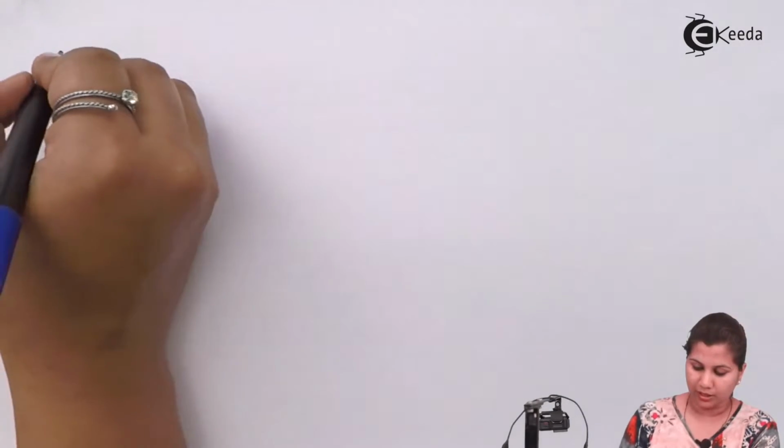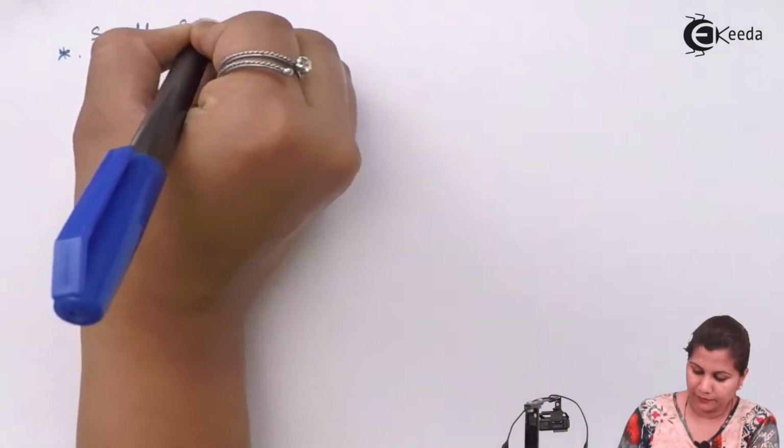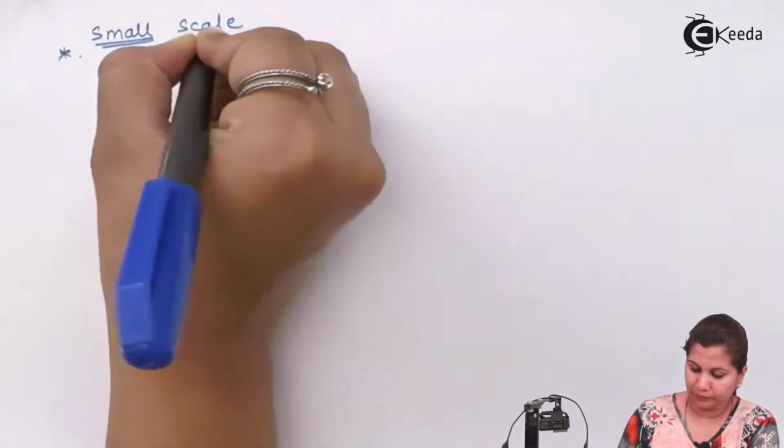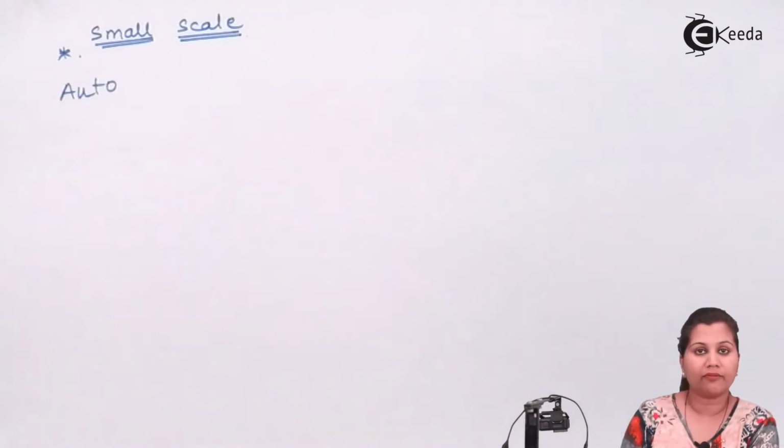We will study how these examples come under the category of these three classes. First we will start with small scale embedded systems. An example of a small scale embedded system is the automatic chocolate vending machine.